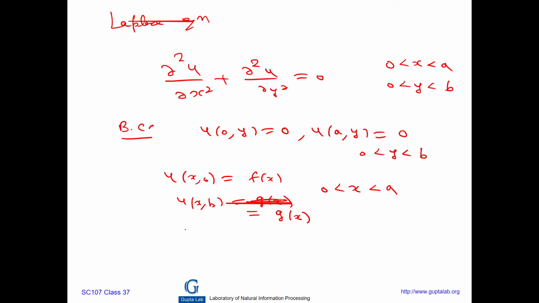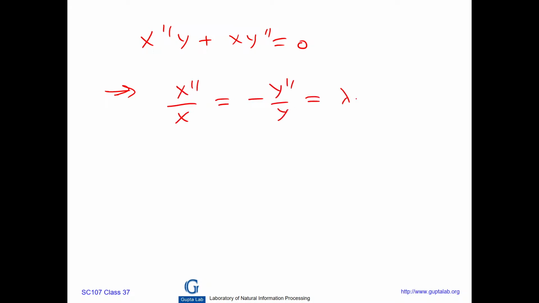So again what to do? Suppose u(x,y) is a product of X and Y functions. Then we substitute. You will arrive at X double prime Y plus X Y double prime is equal to 0. This implies that we will have X double prime divided by X is equal to minus Y double prime divided by Y is equal to lambda, say a constant.